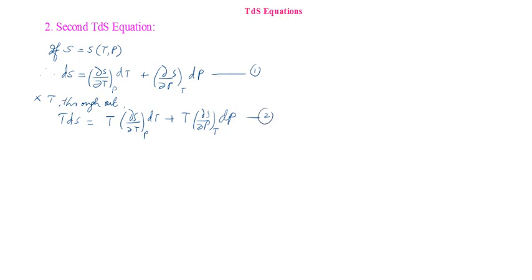Now you are going to make some modifications. What is the modification? Here, can't you see T ∂S? For a reversible process, here the pressure is kept constant. So what type of process? Isobaric process. Instead of the isochoric process that we used to derive the first TdS equation, here we are taking a reversible isobaric process.